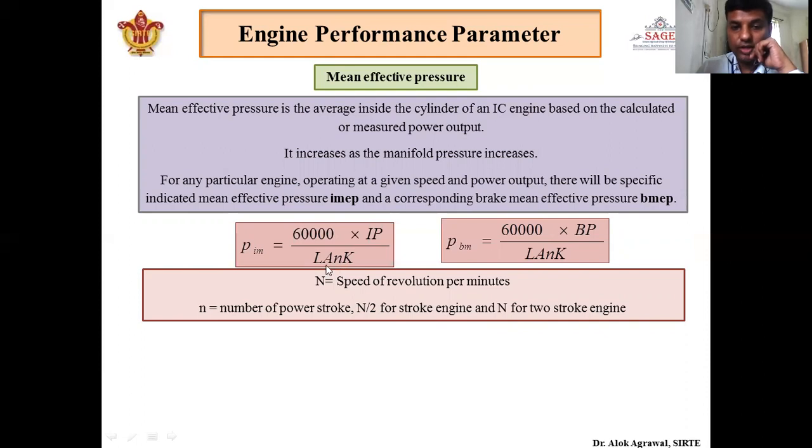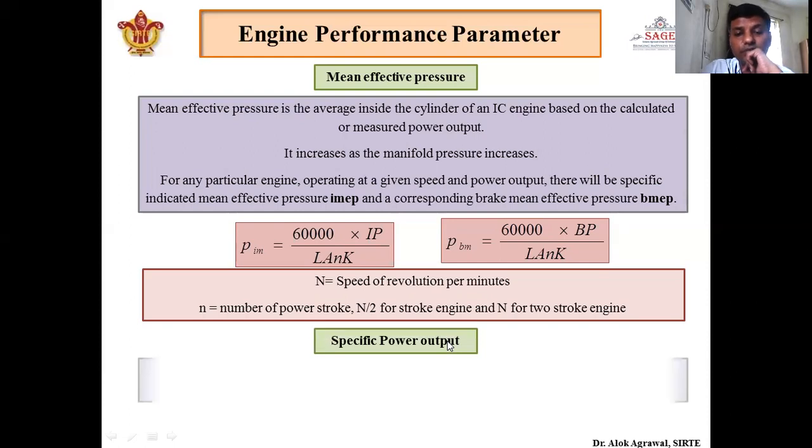So this small n can be replaced by capital N by 2 if you are talking about a 4-stroke engine, and it can be replaced by capital N only if you are talking about a 2-stroke engine, because in a 2-stroke engine we get a power stroke in every cycle, whereas in a 4-stroke engine we get a power stroke in every 2 cycles. That's why small n can be written as N by 2 or N depending upon the number of strokes of the engine.